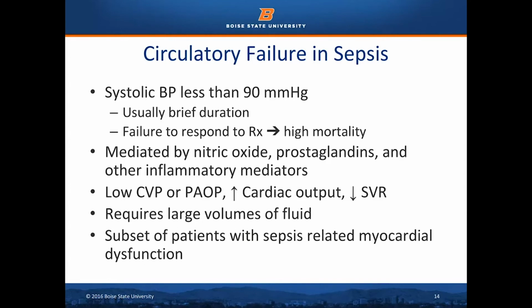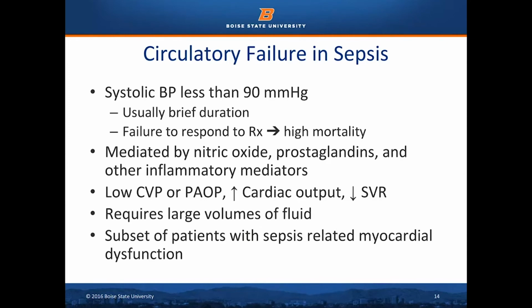Now, early on, when we first start taking care of them, because of the capillary leak, they may have a significant component of hypovolemia. If we get on top of it early, sometimes just volume replacement is enough to reverse the hemodynamics. But more commonly, we give them lots of volume and the blood pressure doesn't come up, and then we need to add things like norepinephrine to support blood pressure.